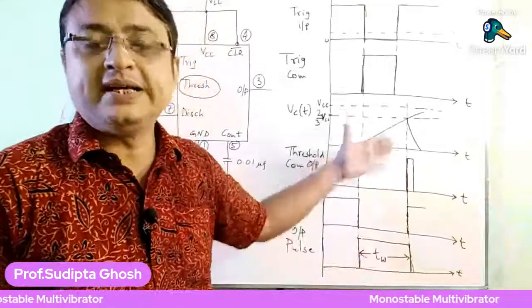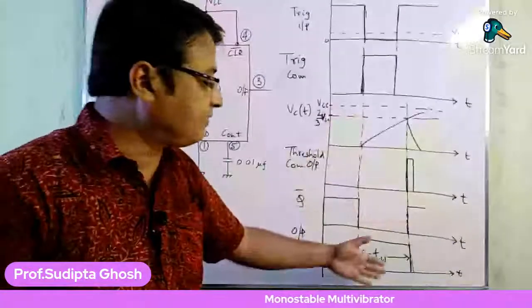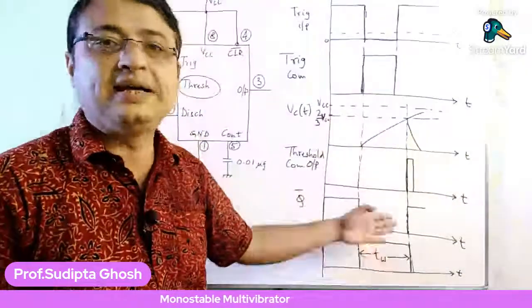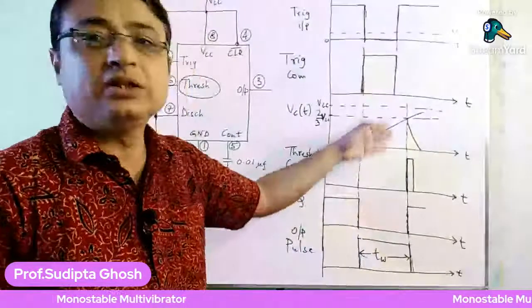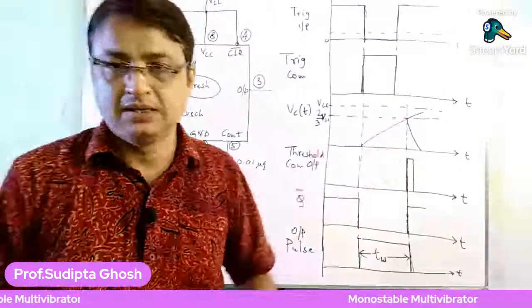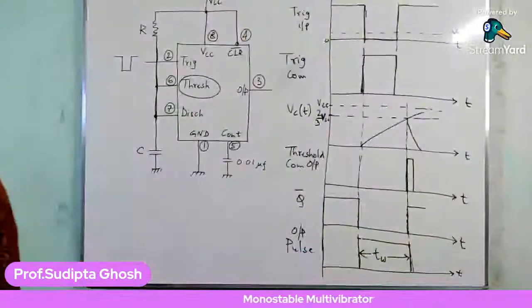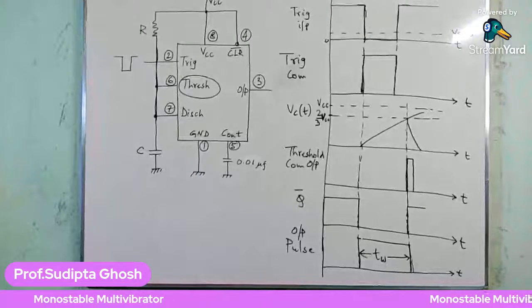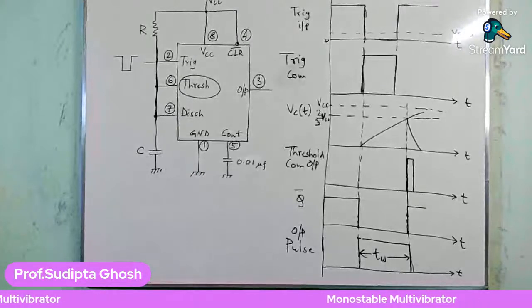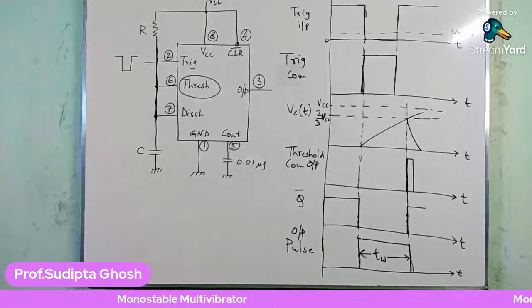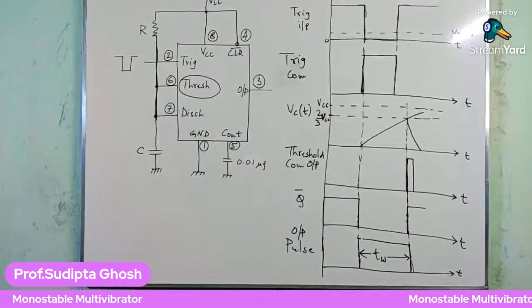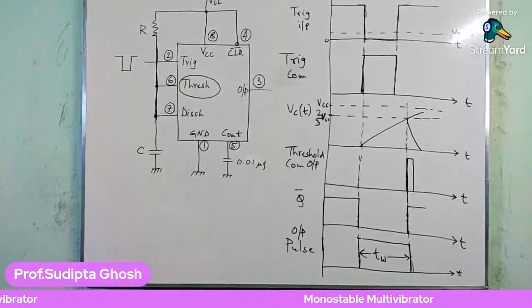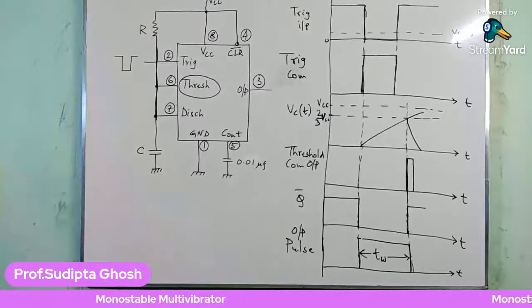So it is evident that the value of TW only depends on the time of charging of the capacitor from 0 to 2/3 VCC, which actually depends on the time constant RC of the circuit, or the value of RC which is connected externally with this monostable multivibrator circuit.